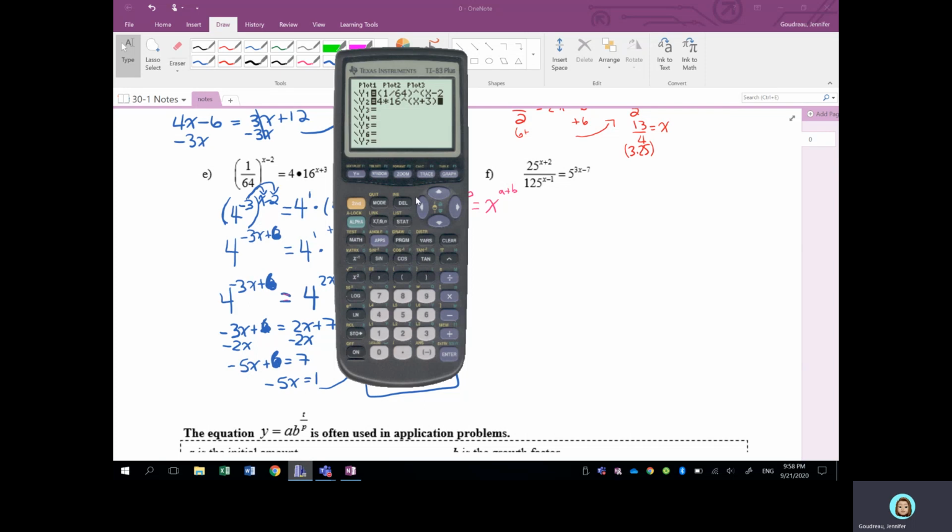Again, I'm going to go to that standard window, so zoom 6. This one's going to look like exponential decay because of our base. And then the next one, we should see some exponential growth.